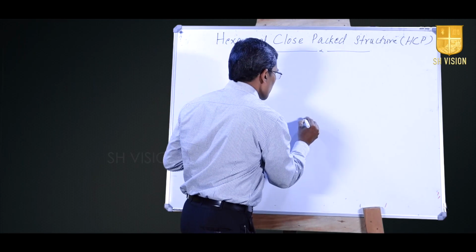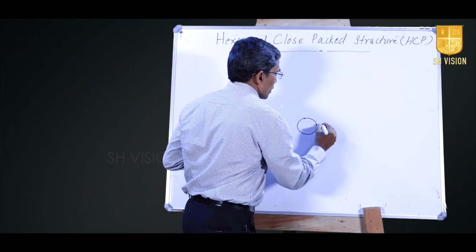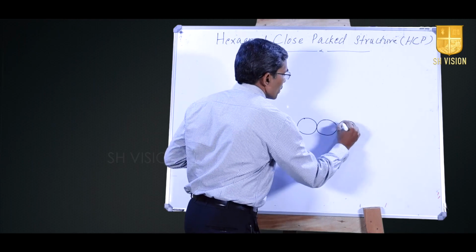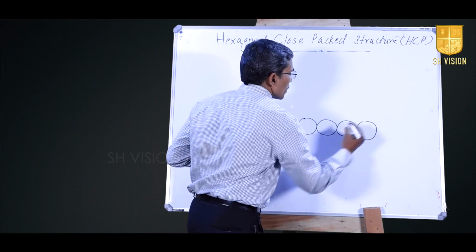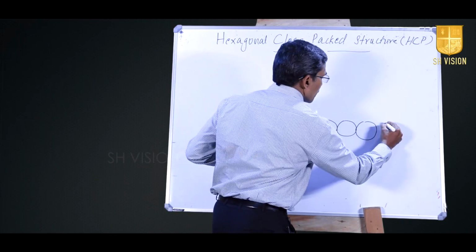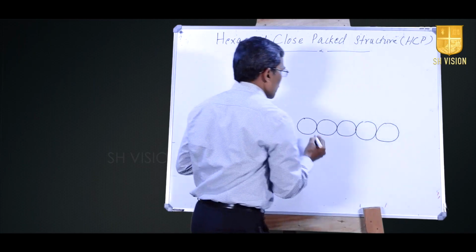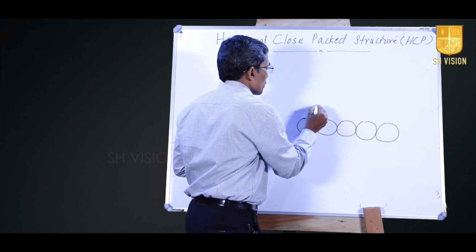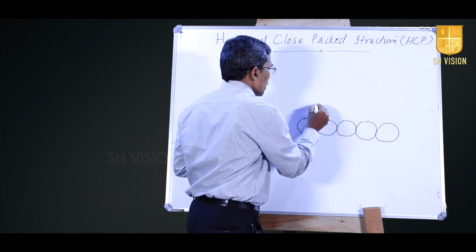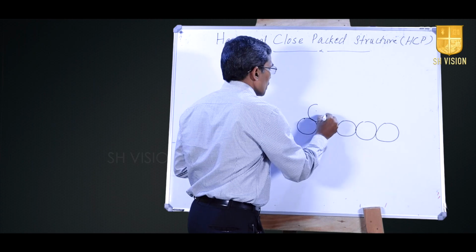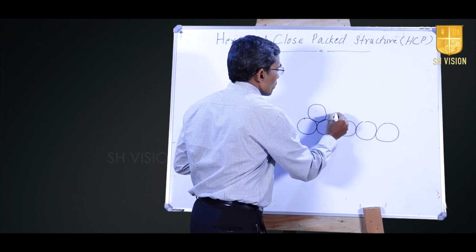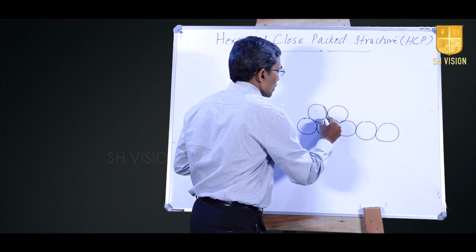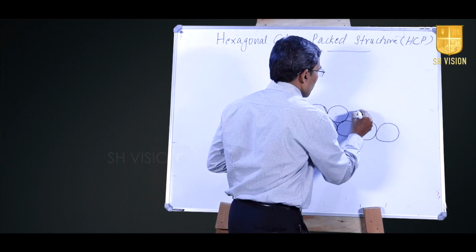Here, this is one dimensional packing or 1 layer. Then for the second one, in this dip, the particle of the second layer will come. So, here we will be having 1 particle. This point will have another one. So, these particles will be in contact, and here we will have another one.